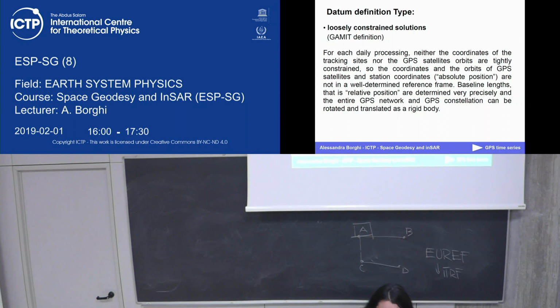I can constrain or not an observation. I can say, okay, this observation for me is more reliable than another one. So we give different weights, also to the a priori parameters.